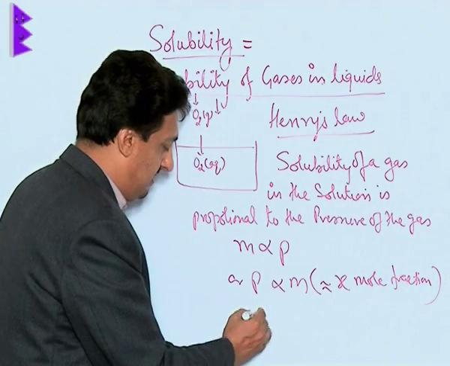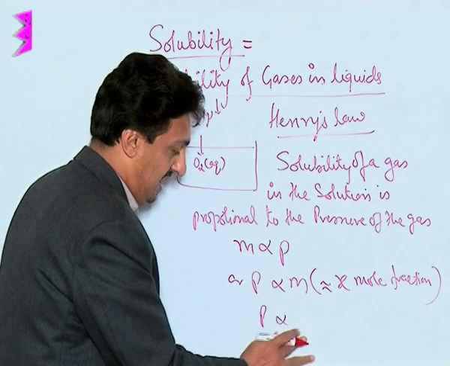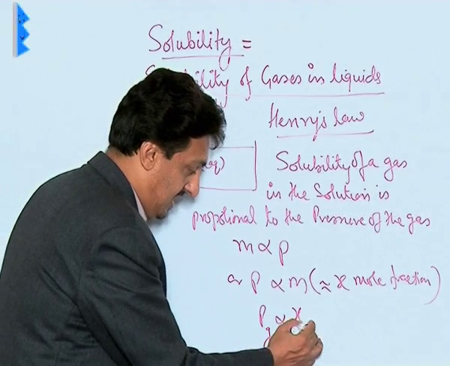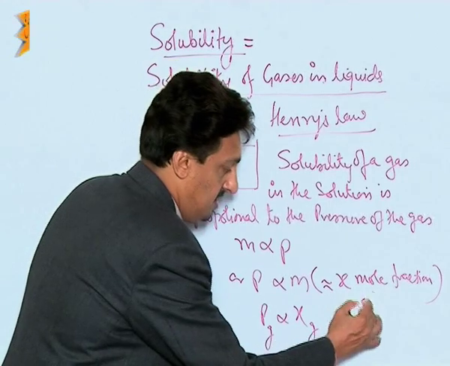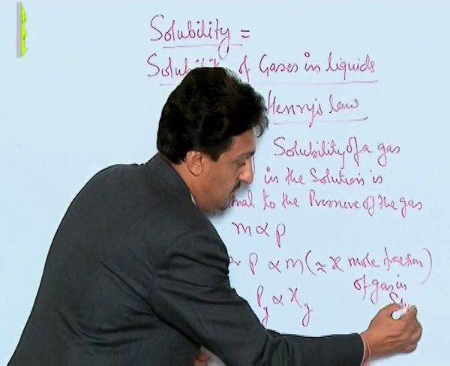So we write the pressure of the gas is proportional to the mole fraction of the gas. We put G to indicate the gas. So what is this mole fraction of gas in solution?